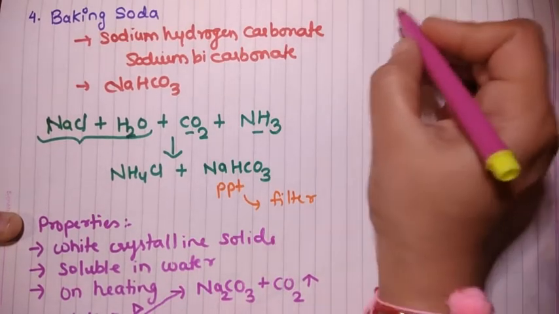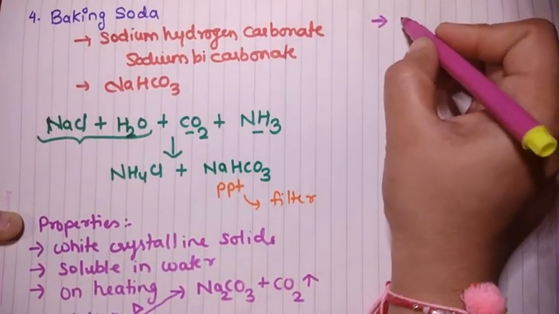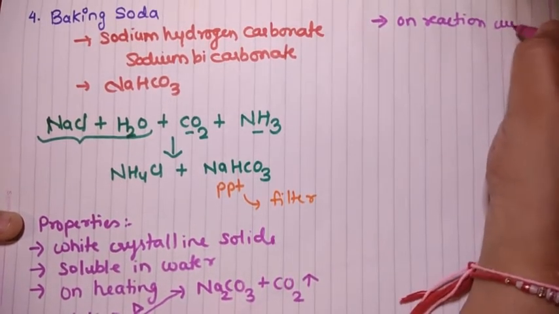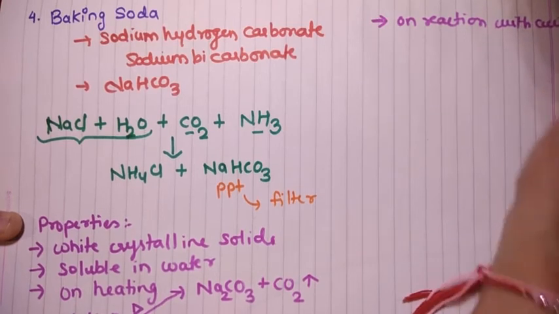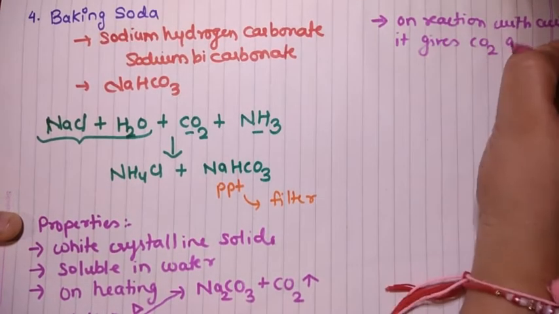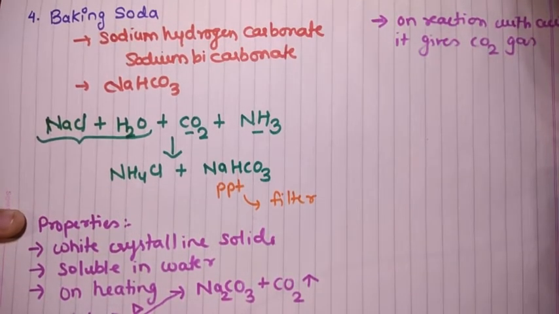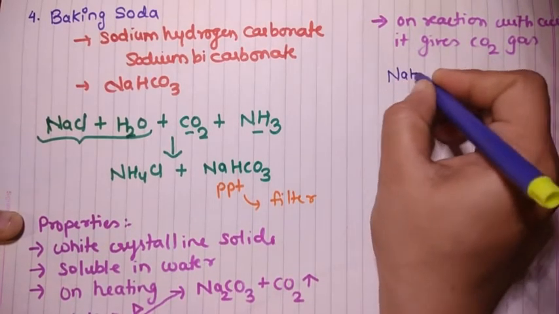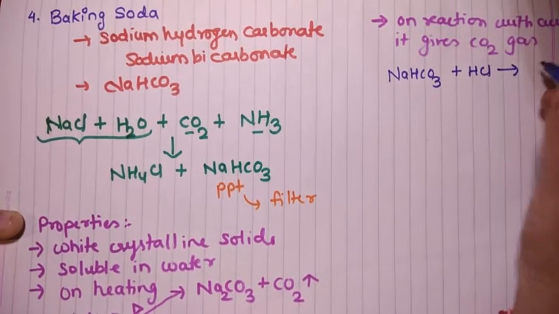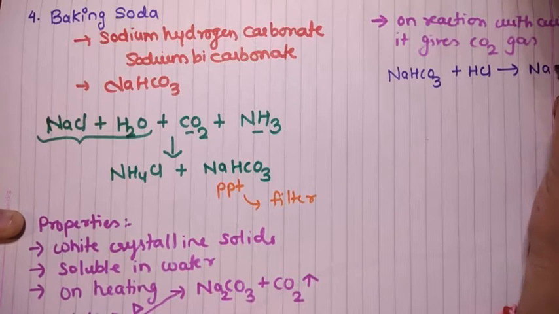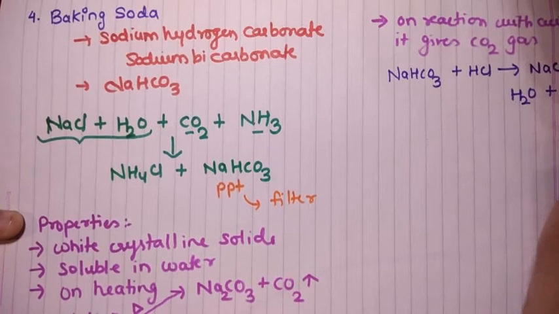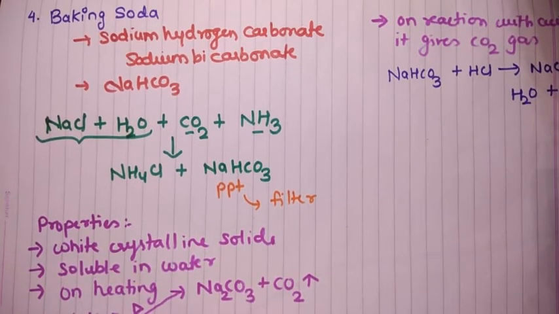On reaction with acid, any acid you can take, it again gives CO2 gas. You can write the reaction as, suppose NaHCO3 is there and you have reacted it with HCl, that is an acid, then you will get NaCl plus water, and some CO2 gas is also given out.